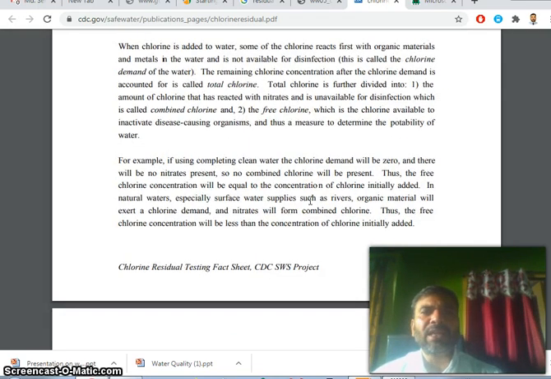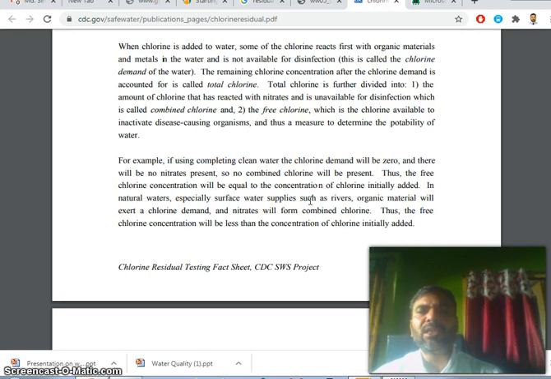When chlorine is added to water, some of the chlorine reacts first with the organic materials and metals in the water and is not available for disinfection. This is called the chlorine demand of the water. The remaining chlorine concentration after the chlorine demand is accounted for is called total chlorine.